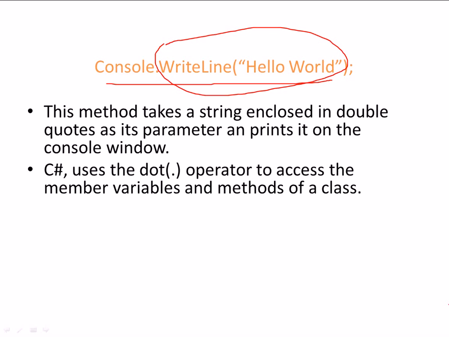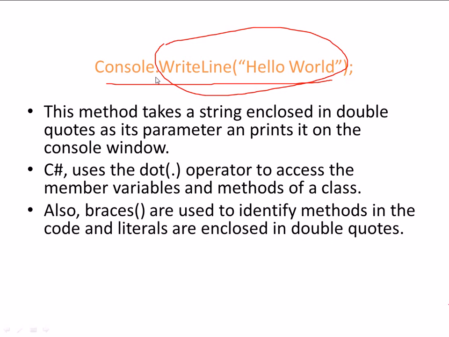C#, like other object-oriented languages, uses the dot operator to access the member variables and methods of a class.